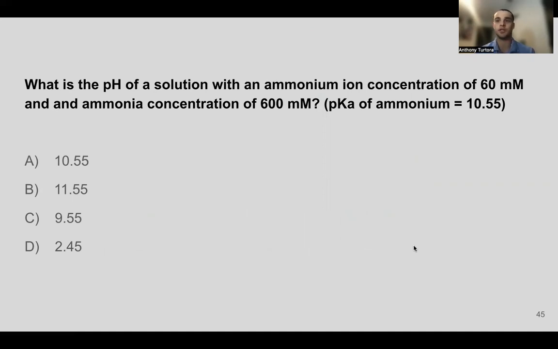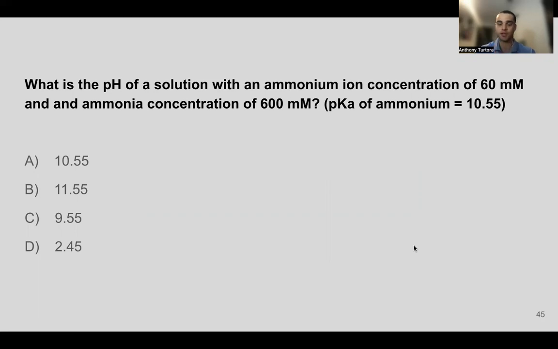All right, so the question states, what is the pH of a solution with an ammonium ion concentration of 60 millimolar and an ammonia concentration of 600 millimolar? And it also is telling us that our pKa is 10.55.